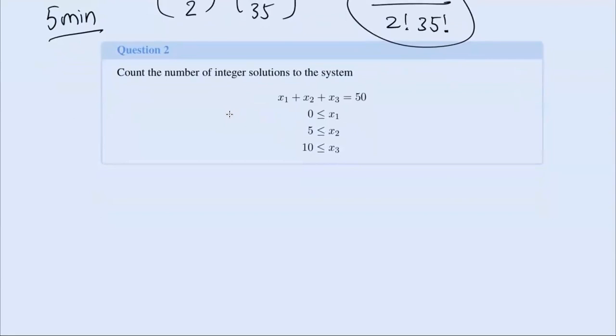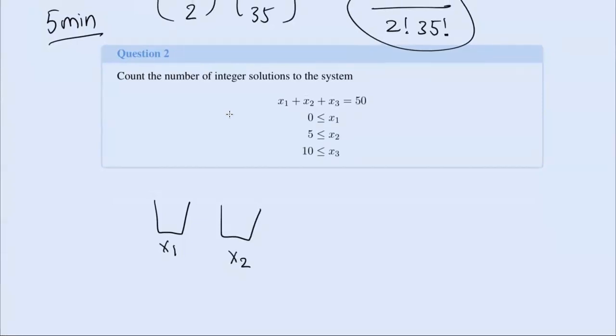Let's see. So here you want to make sure that the bin one has at least 0 ball. So we don't have to perform any action to make this true, because when you distribute the balls into the bin, for sure each bin will have at least 0 ball. And then x2, you want at least 5. How do you make sure that they will have at least 5?